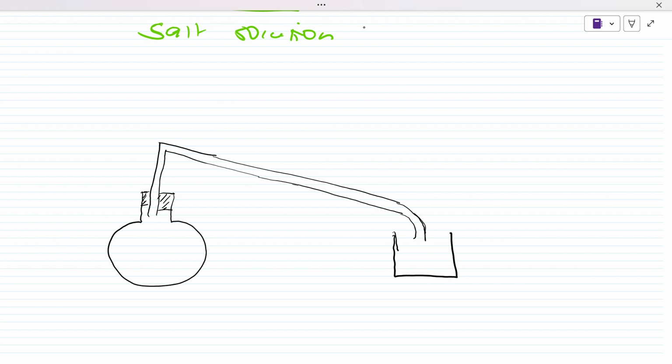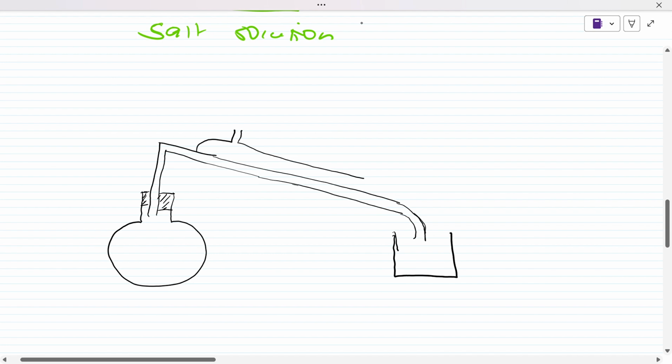And my condenser is going to look like this. Sorry, so it will be sketchy. I'm not good at drawing, but I can try. Now I'm bringing it down like that.